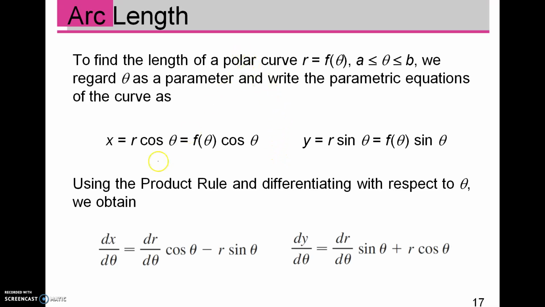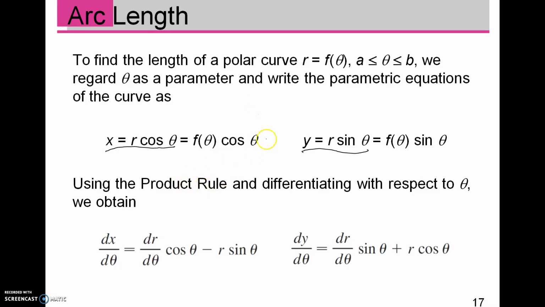What we're going to do is have these parametric equations, x equals r cosine theta and y equals r sine theta, with theta being the parameter for those parametric equations. We're going to review 10.2 in the next section.